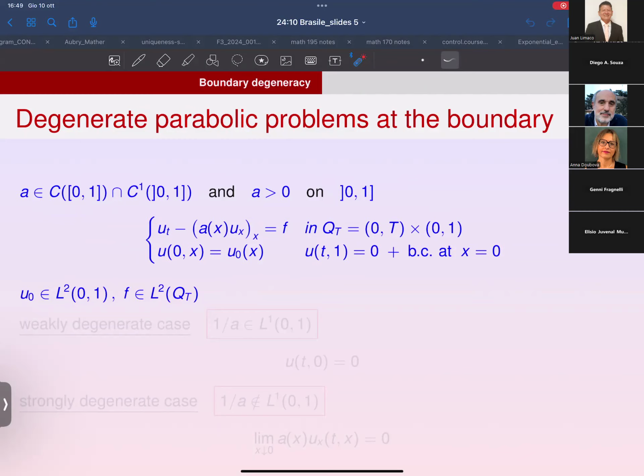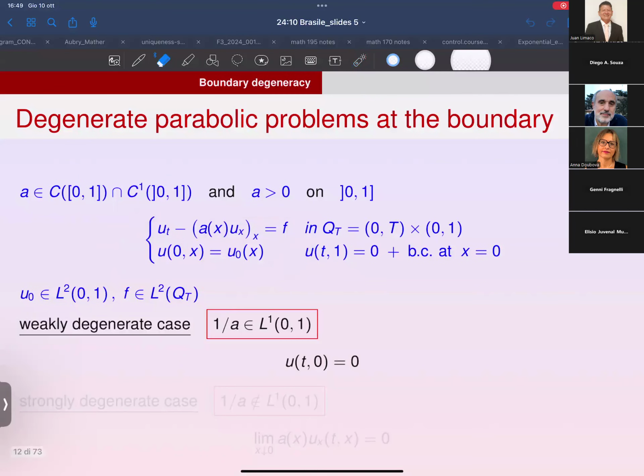The speed at which the coefficient vanishes determines the nature of the degeneracy, which is weak when 1 over A is a summable function, right?